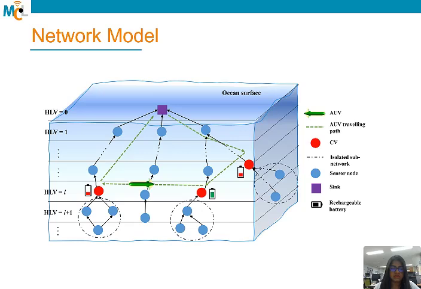Whichever node is going to die soon will be on top of the priority list. The AUV follows the priority list and reaches near each cut vertex, then collects the data instead of the cut vertex, while the cut vertex harvests energy through energy harvesting. This is the basic idea of our paper.